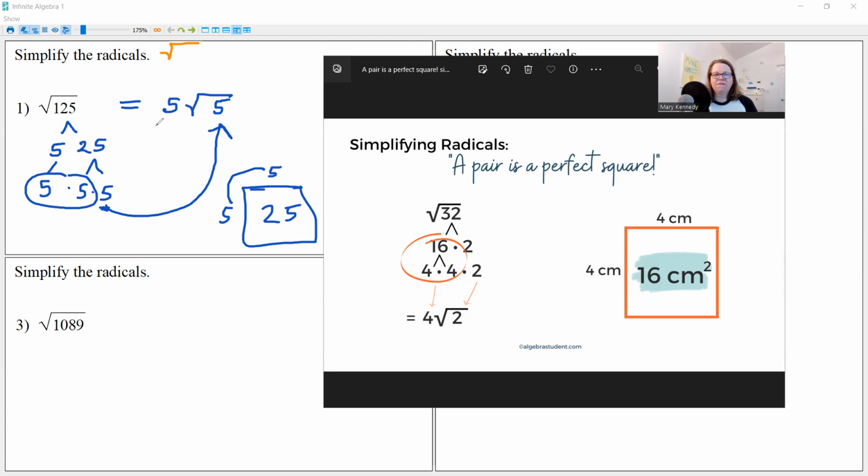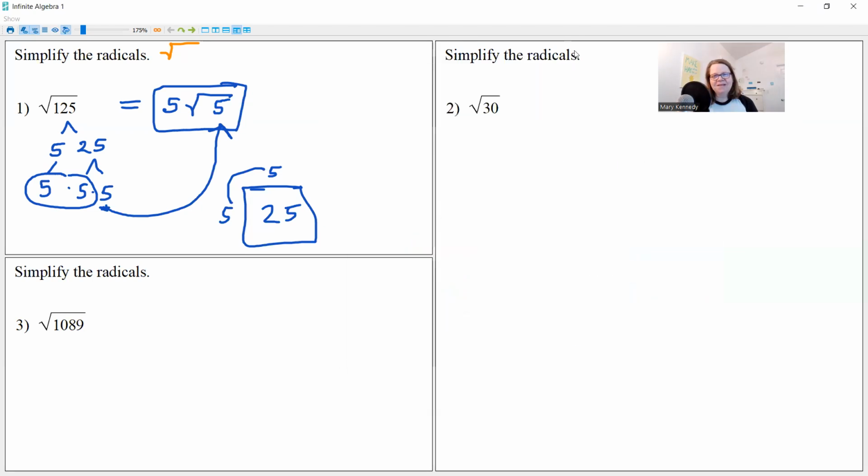So that's where the 5 in the front comes from. So the square root of 125 is simplified to 5 times the square root of 5. So we would say that 5 times the square root of 5 or 5 square root of 5 is the answer to this question.